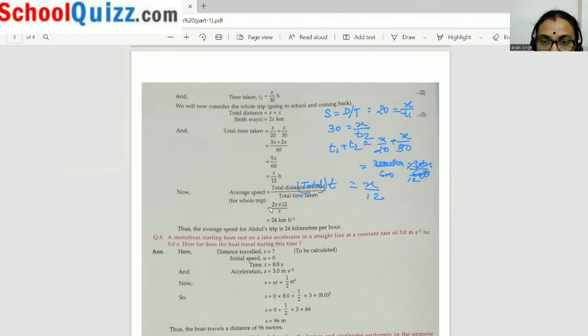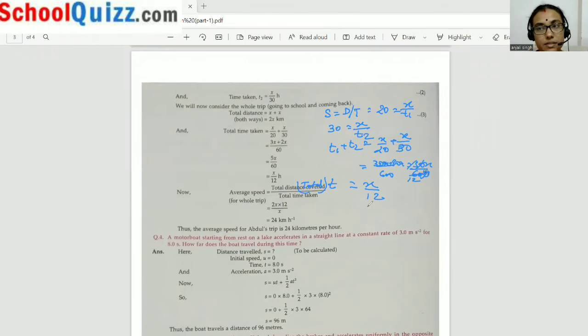Now the total speed. Speed is equal to again distance upon time. So the total distance is 2x, and the time is 12. Total distance is x plus x.